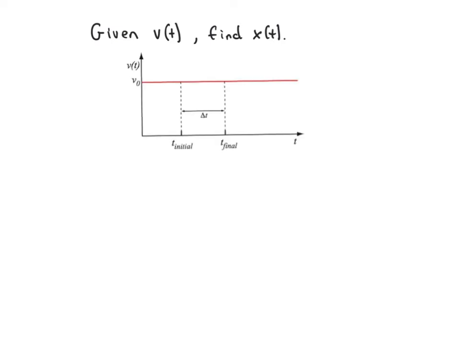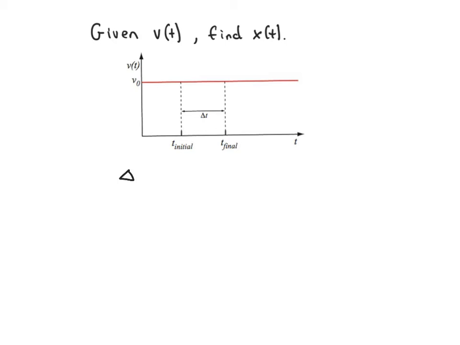So let's start with the simplest case imaginable. Let's imagine that the velocity of the object as a function of time is just a constant. The object continues at all times to move with a velocity v naught. And we'd like to know what the change in position is during some time interval between an initial time t sub initial and some final time t sub final. Well, that's easy.